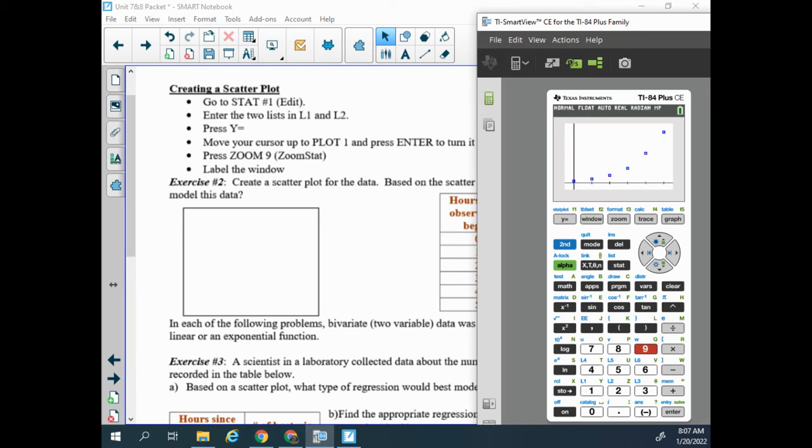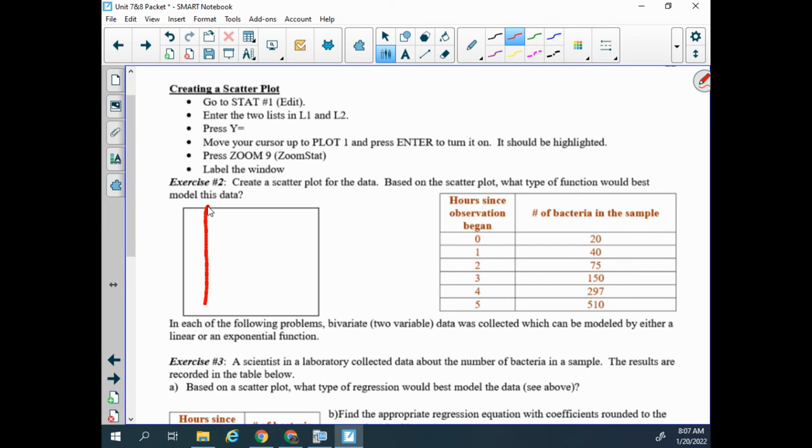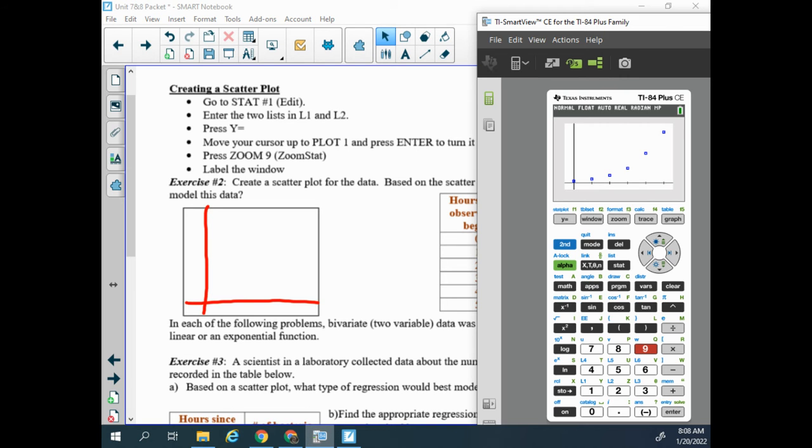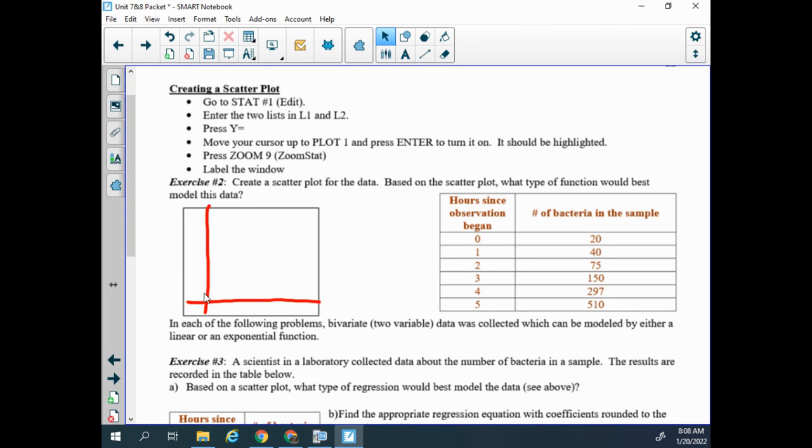So for our purposes, we are not trying to find scales. We are looking for a pattern. So I'm just going to draw this over here. I'm going to do the best I can to kind of eyeball it. Not moving the axes.